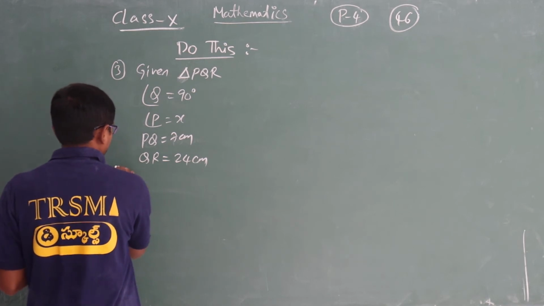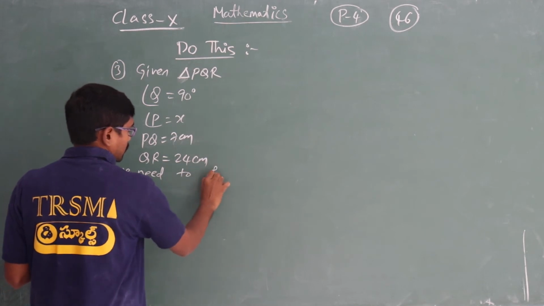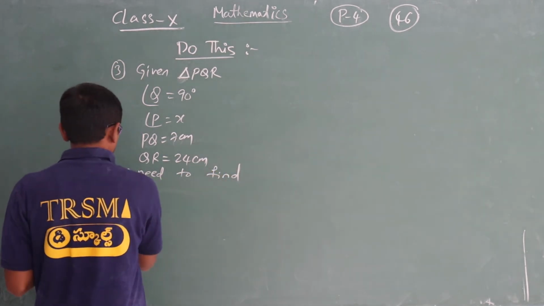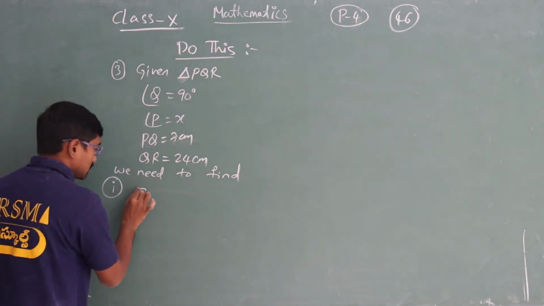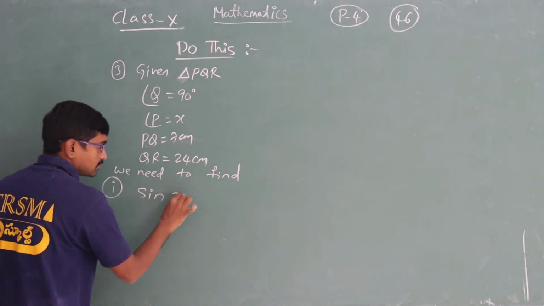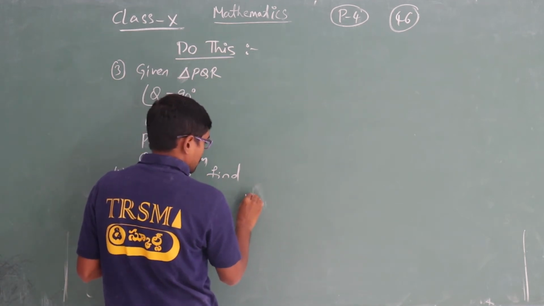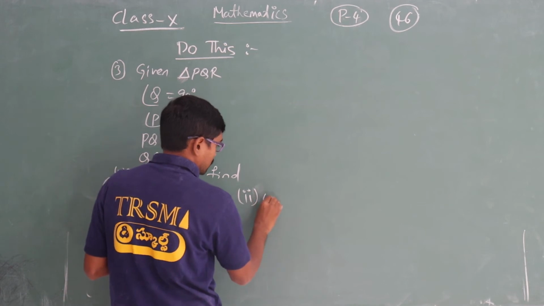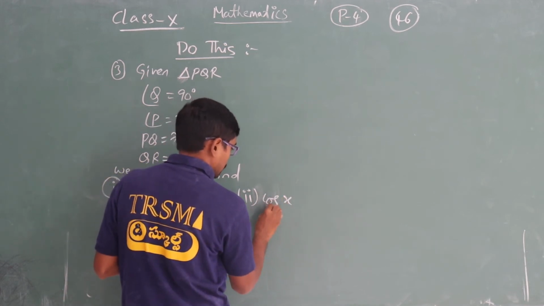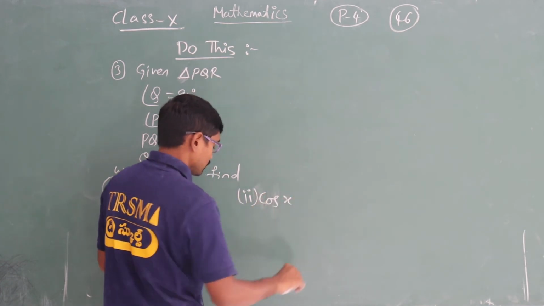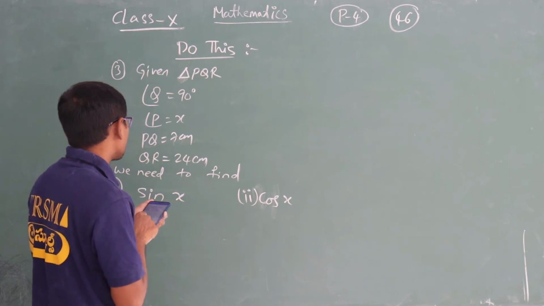First, we need to find the value of sin x, and similarly, second, we need to find the value of cos x. First we need to find sin x and next we need to find cos x.